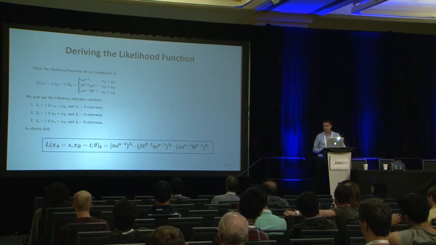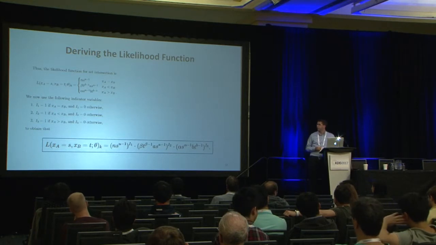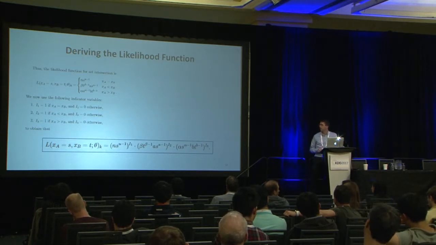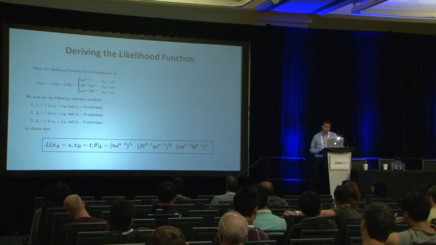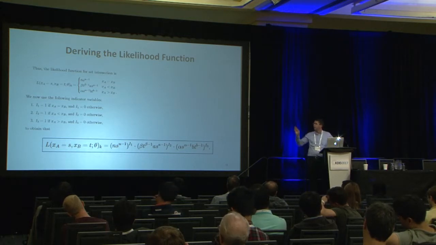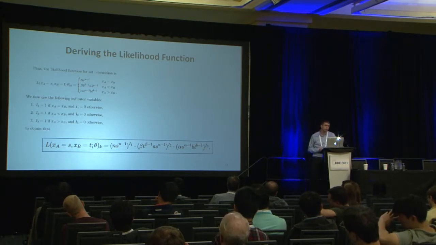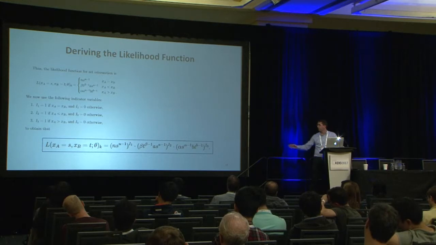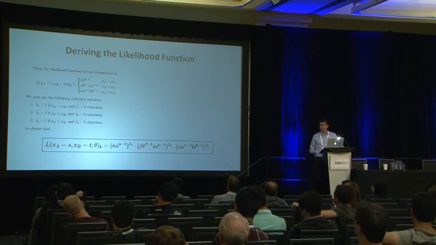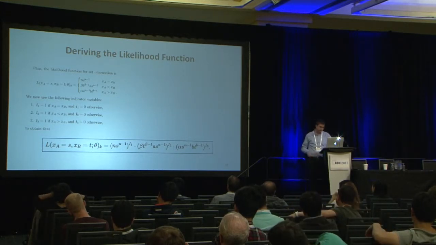I1 gets 1 if we are in the first case, if xa is equal to xb. I2 and I3 are for the other two cases respectively. Finally, we put these indicator variables in the likelihood functions that we got for each relation and obtain the final likelihood function for the set intersection problem for one hash function.